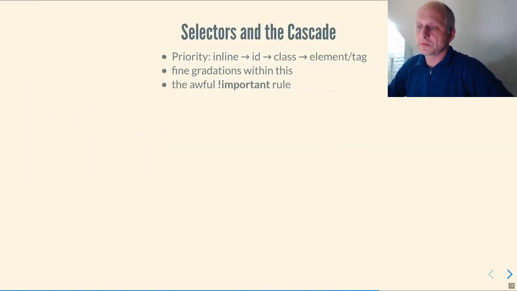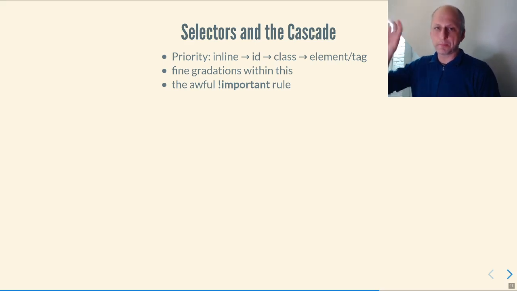So this is where it becomes important to start understanding the idea of the cascade, right? At the bottom, the lowest priority is a rule that applies only to an element or to a tag name.